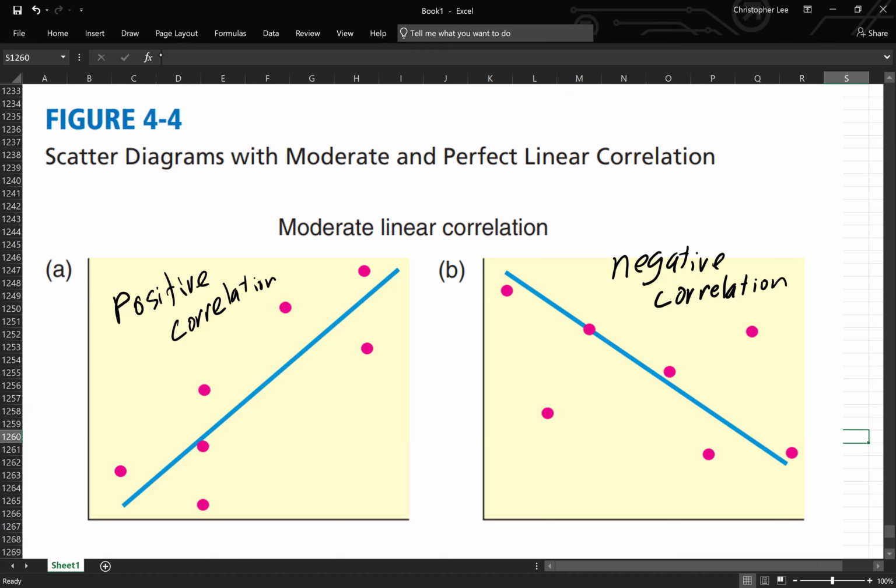The correlation will not be zero. It's either positive or negative. You're just going to tell me what you think it is. And then after that, you're going to interpret it. For the interpretation, as X is increasing, if it's positive, Y is also increasing. If it's negative, then Y is decreasing. That's it. Any other questions on this?